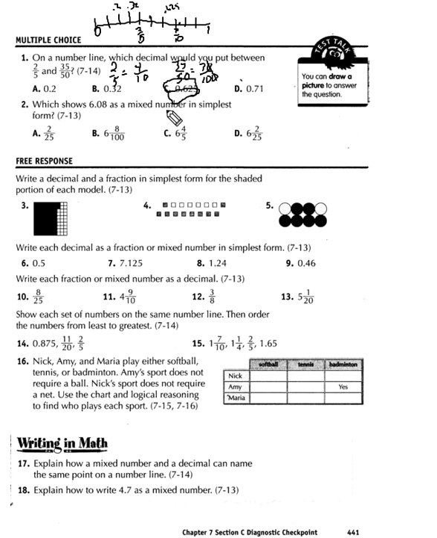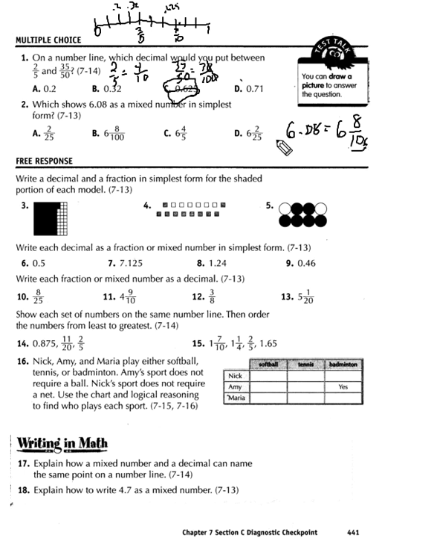That's the answer. Okay, let's do 6.08 as a mixed number in simplest form. Well, supposing 6.08 equals 6 and 8 what? 100ths? Oh shoot, it's not drawing.